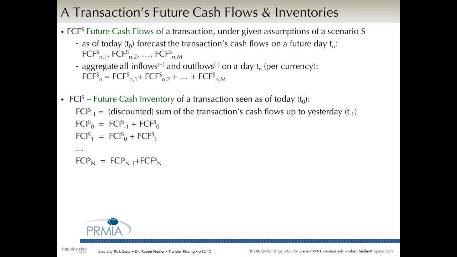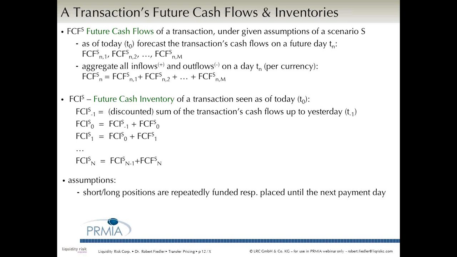This looks quite simple and straightforward, although there are some assumptions in there intrinsically. It means that we've said that all short or long positions, inventories of cash, are repeatedly funded or placed until the next payment day. So if I have some money with the central bank, I assume that I can place it in the market, and then it comes back tomorrow morning and I have it again.